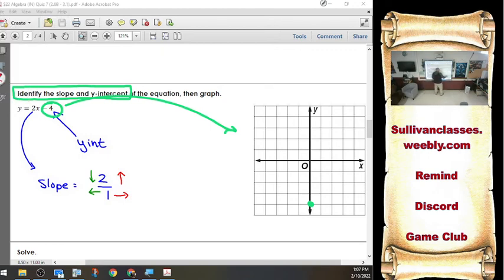As many as you can fit on the graph. Up 2 right 1, up 2 right 1, up 2 right 1, up 2 right 1. Connect the dots, use a straight edge. Make sure it goes all the way off the graph. Use your arrows. All that kind of stuff. Okay?